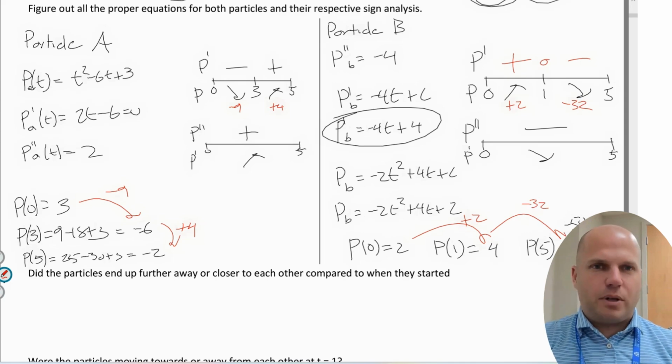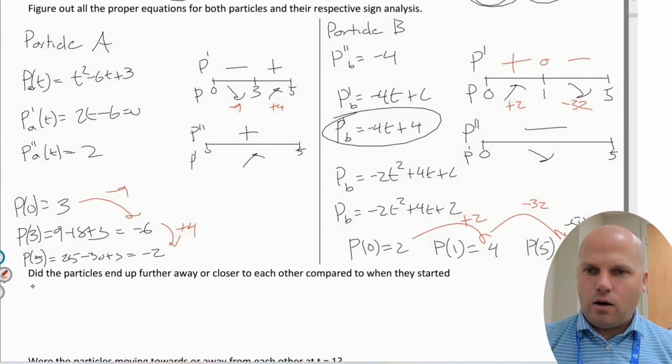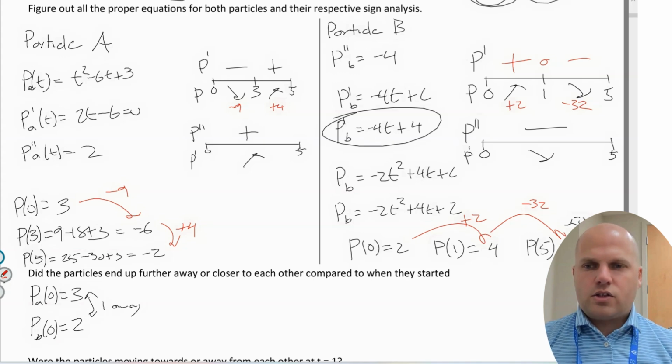That's the one extra bit of analysis that we haven't done before. Do the particles end up further away or closer to each other compared to when they started? Well, this particle started at 3 versus this particle started at 2. So that means they were 1 away, in terms of their position.